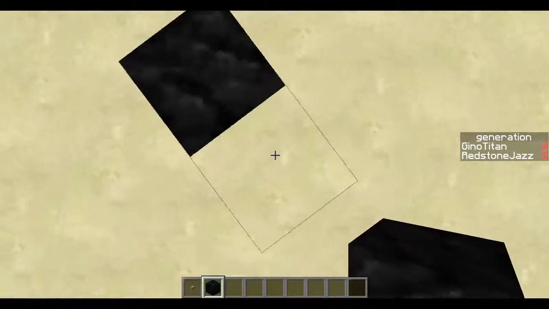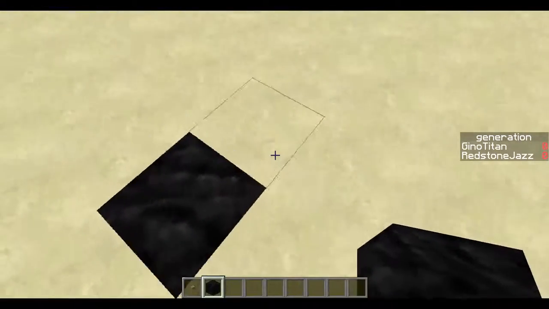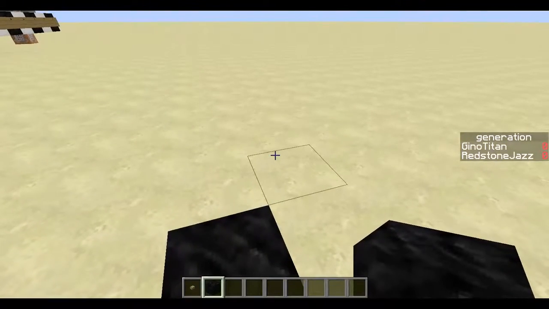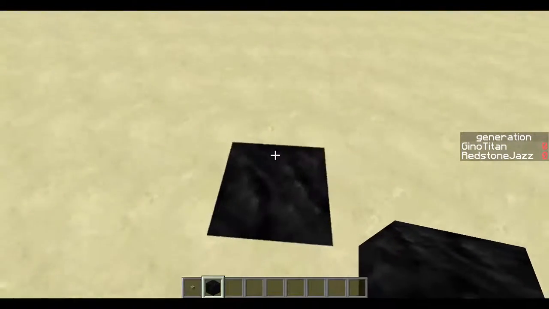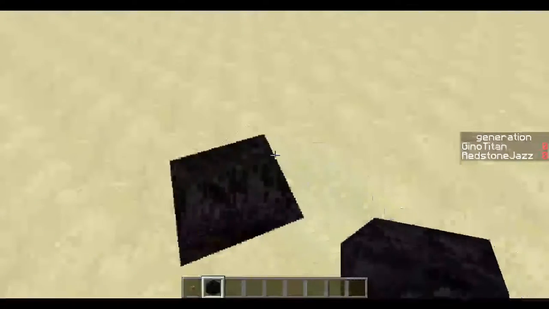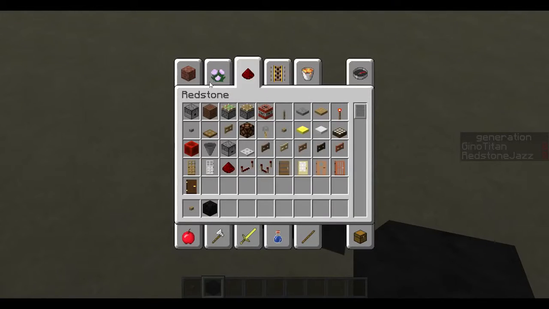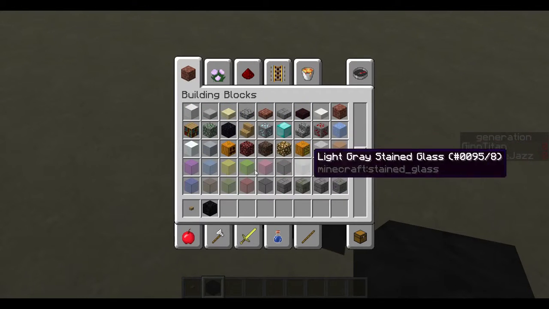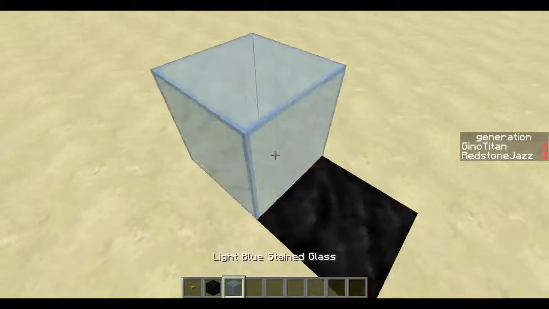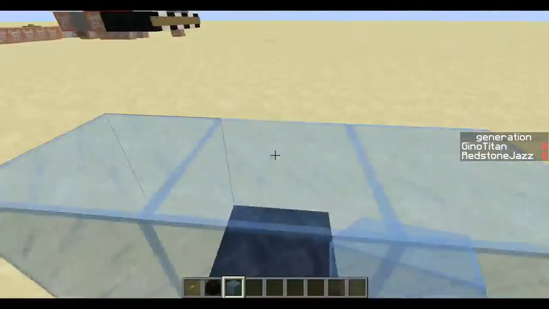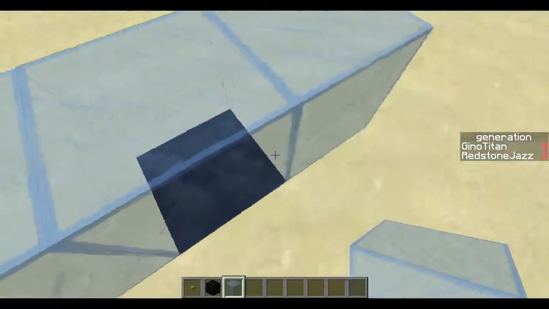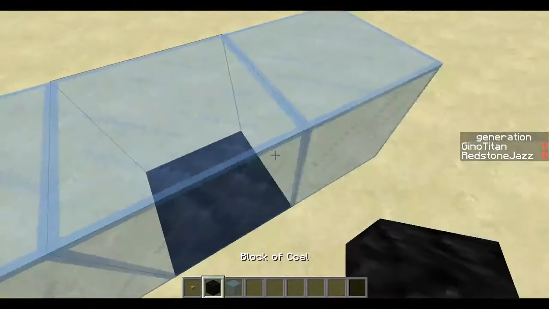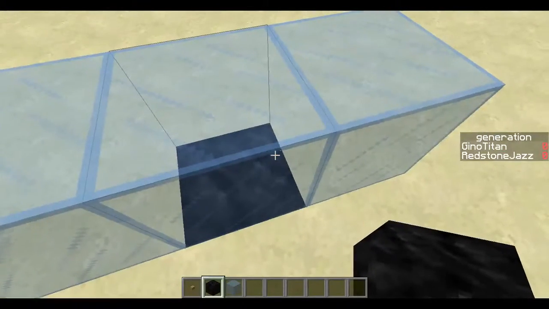So, basically, any of these blocks which are going to be generated on are going to look at the 3 blocks above it. So, if I were to get out something like light blue stained clay, it's looking for these 3 blocks right here, and that's going to determine if it's going to be coal or going to stay as sandstone.